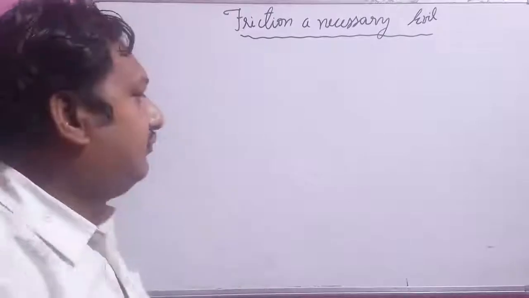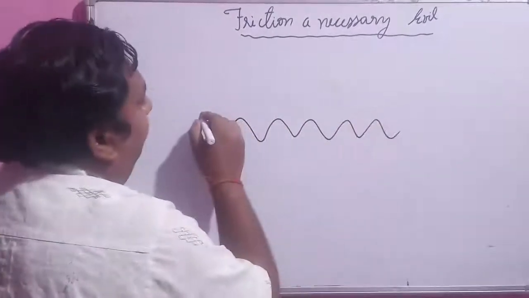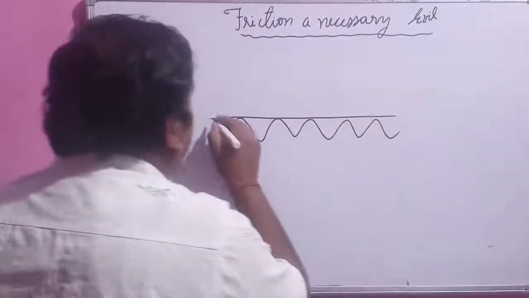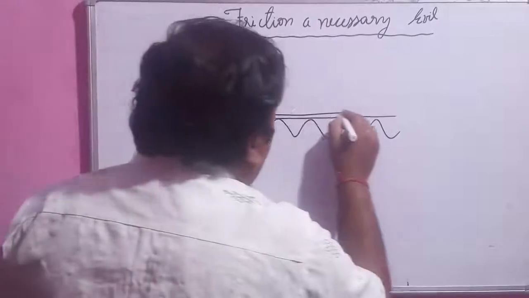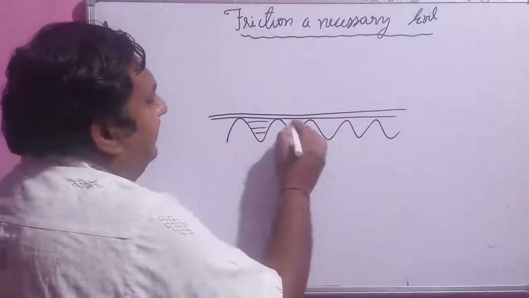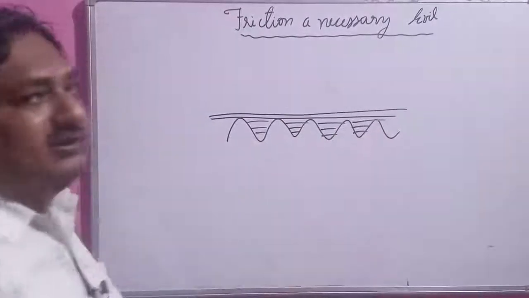So what actually happens is that the oil fills this valley and makes a thin membrane, a thin layer. The oil fills this valley and makes a thin layer over it, so that the friction force is reduced.